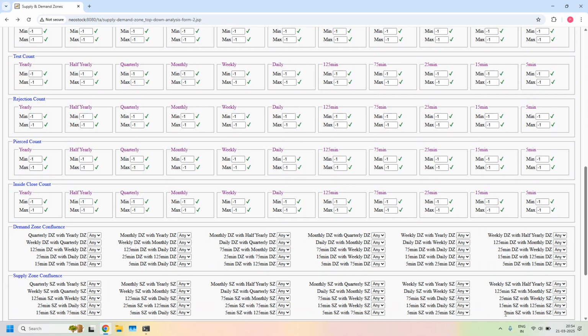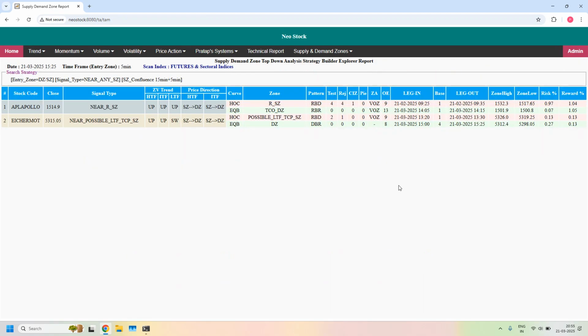So I am enabling the filter, 5 minute supply zone with 15 minute supply zone confluence. With this filter, out of 3, 2 are filtered. That means these 2 supply zones are overlapped with 15 minute supply zones. So this is about stocks near demand and supply zones for different time frames.